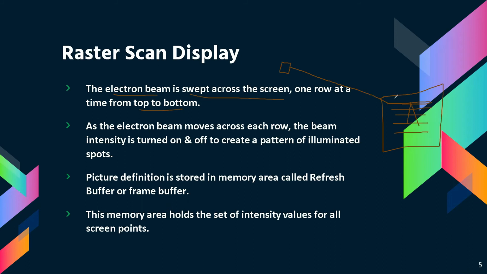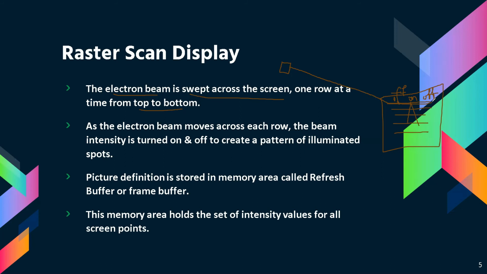Initially it will be off. When it comes to this point where you want to draw something, it will become on. Then from this point again it becomes off because there is no need of intensity here. Then it will go to the next one.